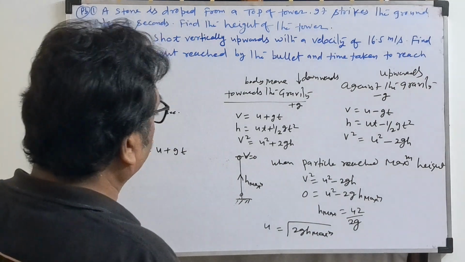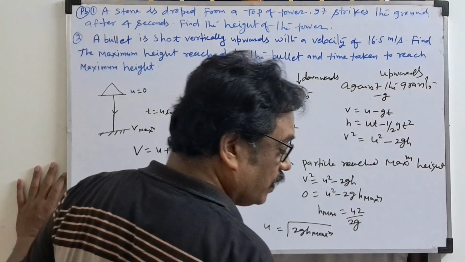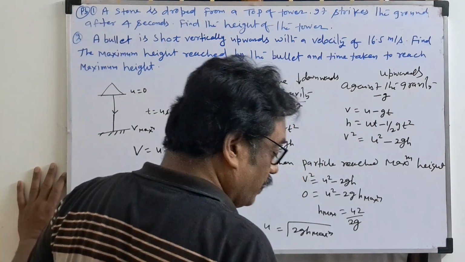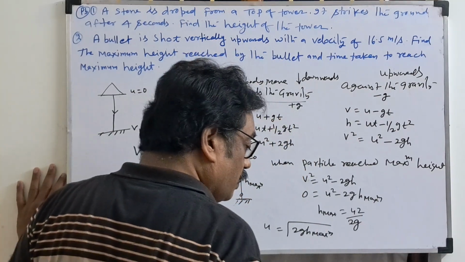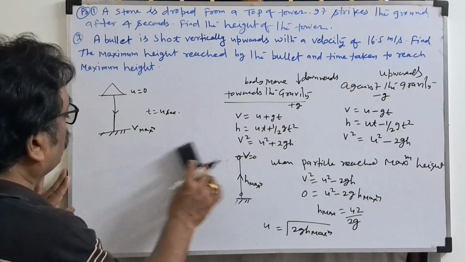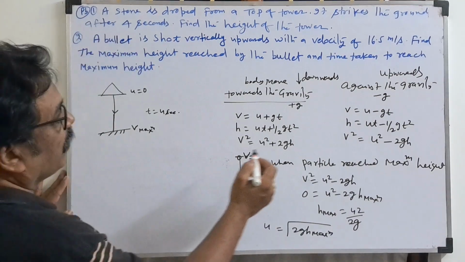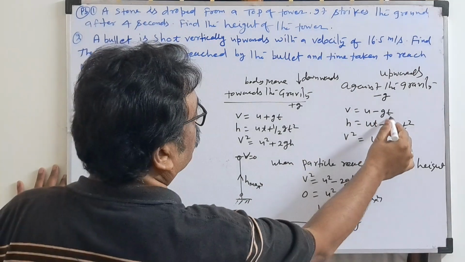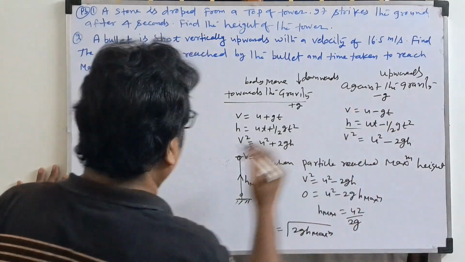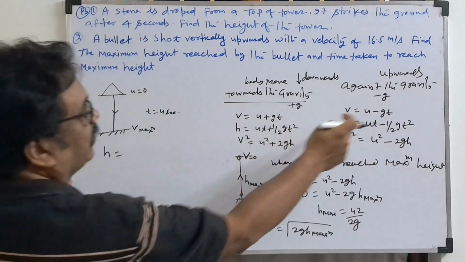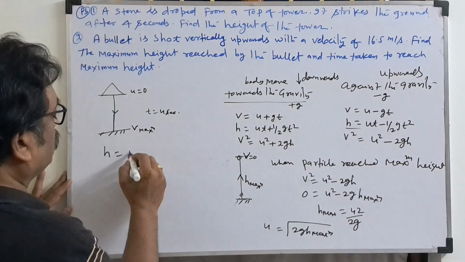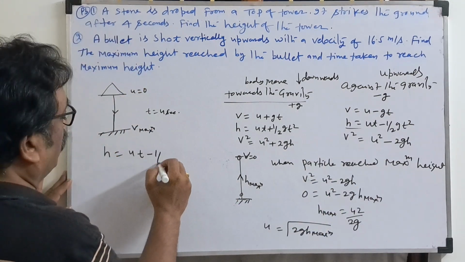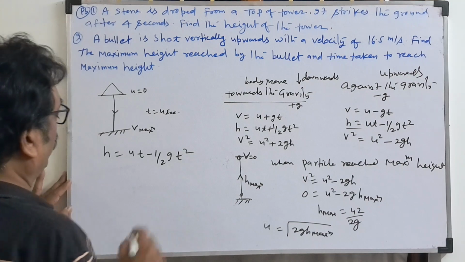So what is the height they're asking now? Listen here: final velocity will be, initial velocity will be 0. So for the height they're asking, we will use this formula. Here height is not there, so h is equal to ut minus half gt square.